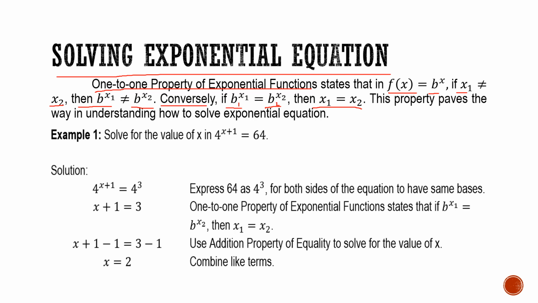If base 1 is not equal to base 2, then we cannot assume or we cannot conclude that x sub 1 is equal to x sub 2. That's why there are times or there are situations wherein we need to convert a certain base.